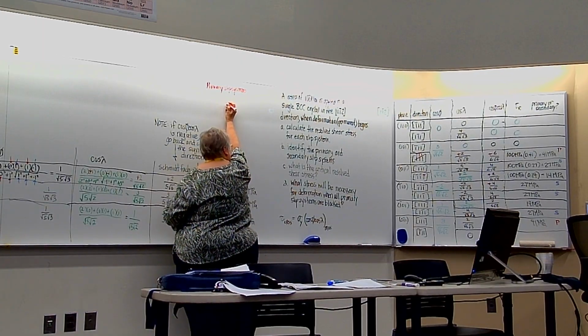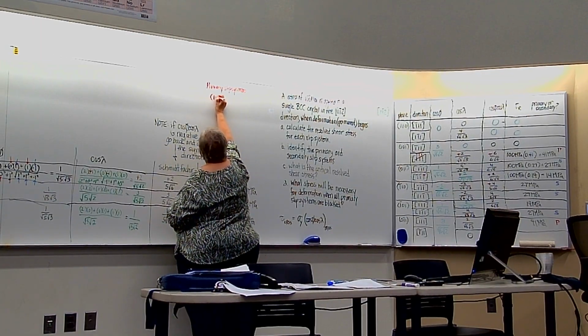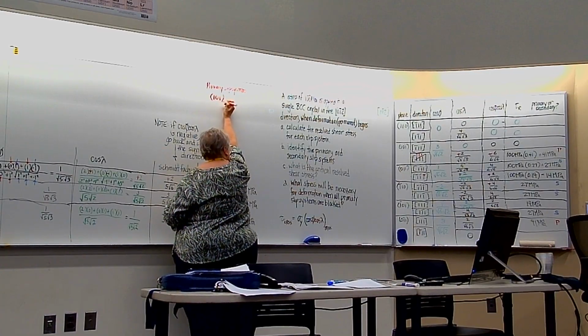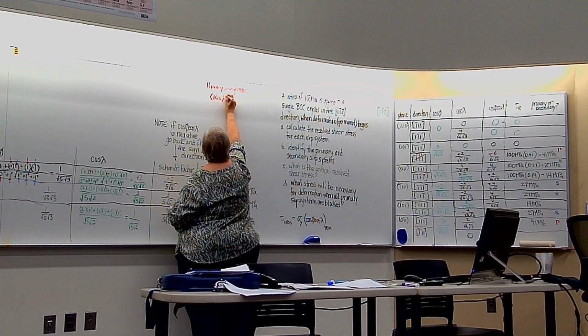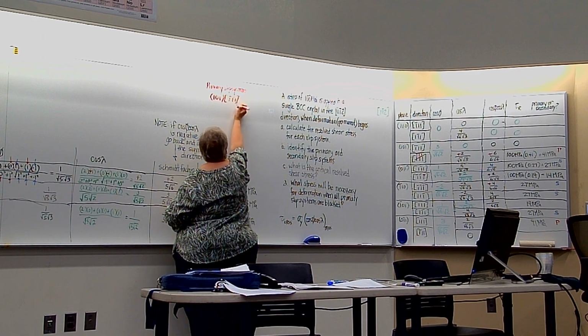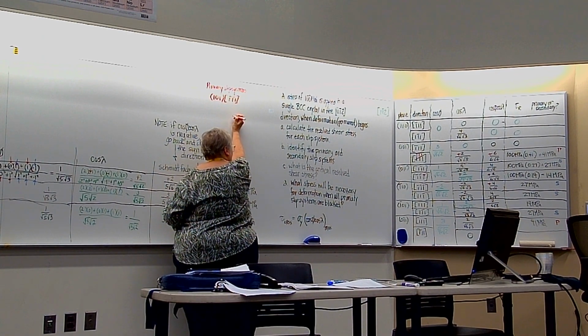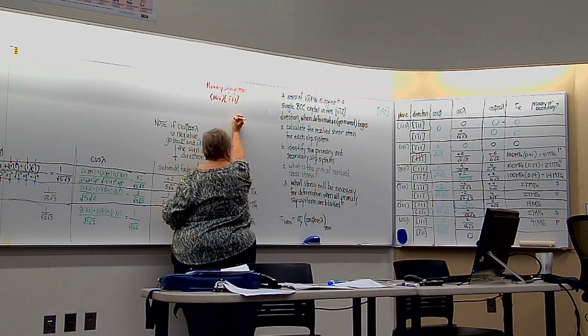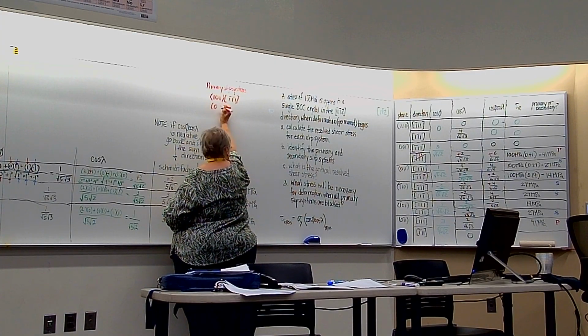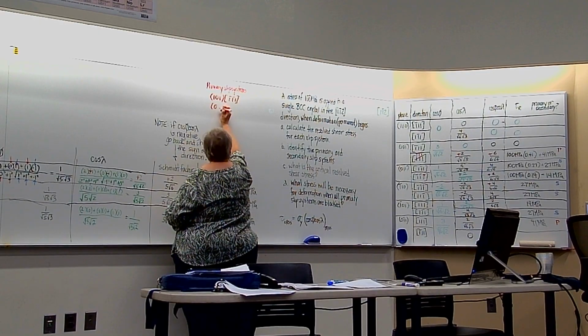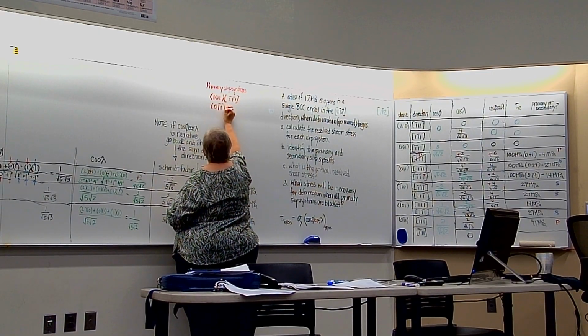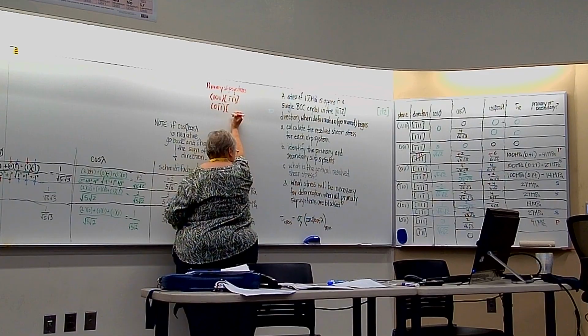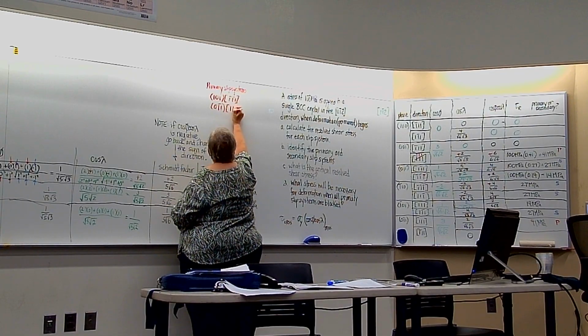So the primary slip system, one of them is 101, 1 bar, 1 bar 1. And 0, 1 bar 1, 1, 1, 1.